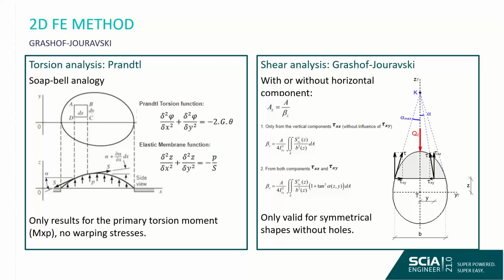And then if we look at the second derivative of this shape, we see that this function actually is very similar to what the torsion distribution would be along your section. So this is where we take out the primary torsion stress distribution.